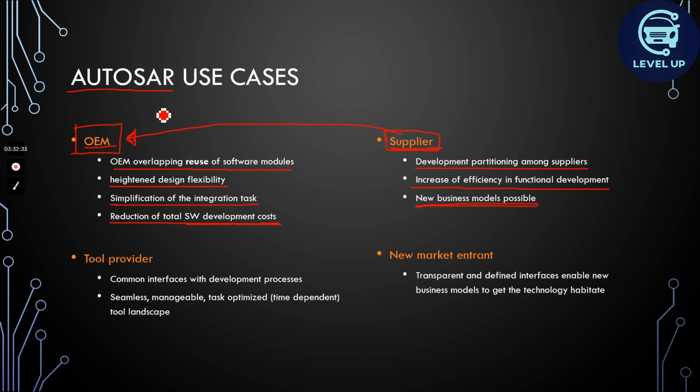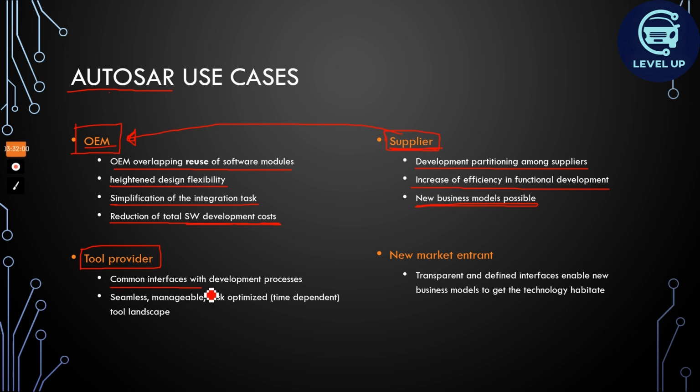If AUTOSAR has a different architecture and we cannot identify the code, there should be something that actually generates that code. That is where the tool provider comes into the picture. The tool has configuration software with stack-wise and layer-wise distribution, and we configure it, and after that the .c and .h files are generated.